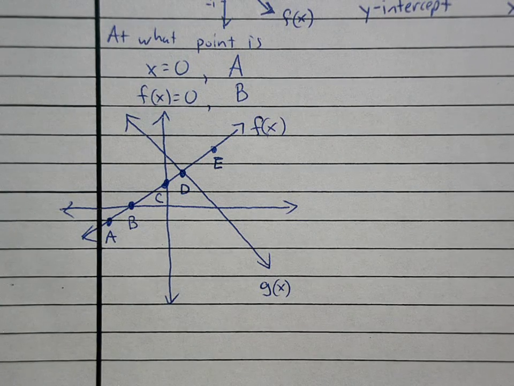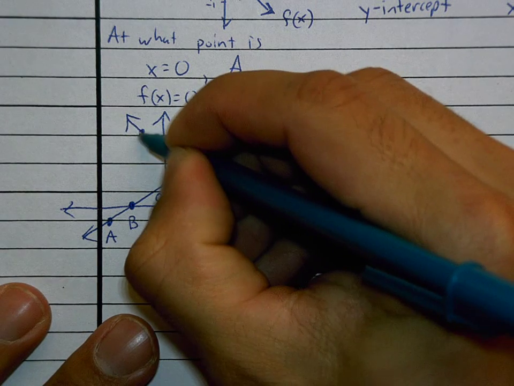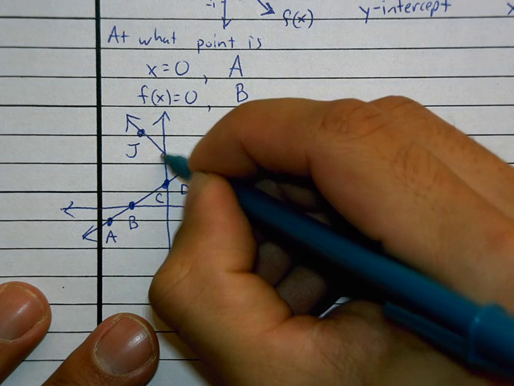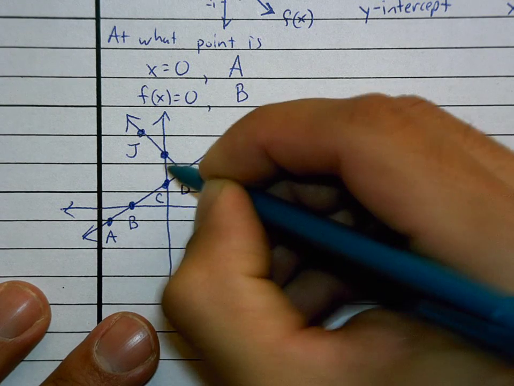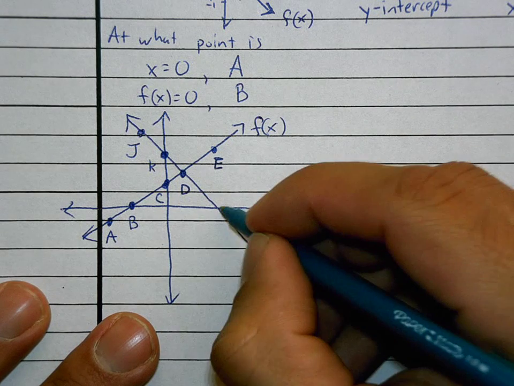Now in g of x, there's going to be other points, and they're not going to start with f. They'll start with some other random letter like j. So I'm going to put a j right here. I'm going to put another point right here. D is already marked, so I'll leave that one alone.